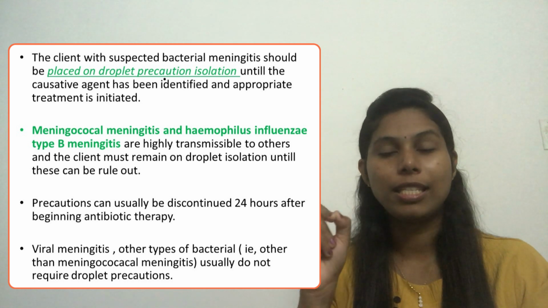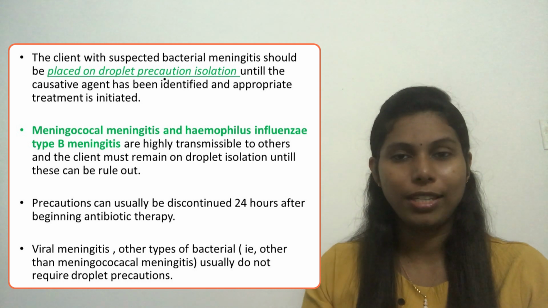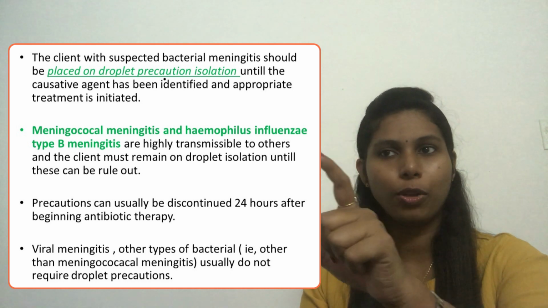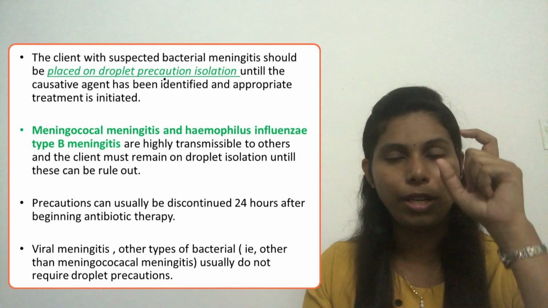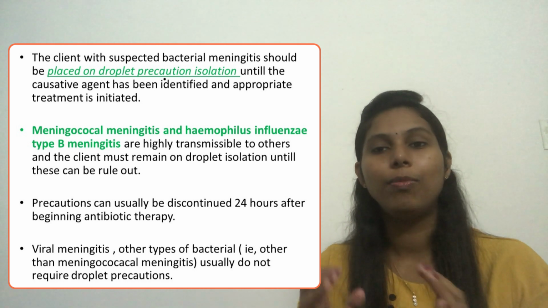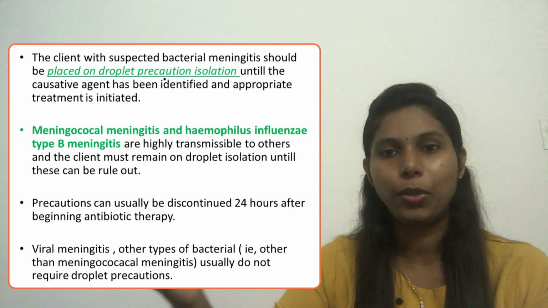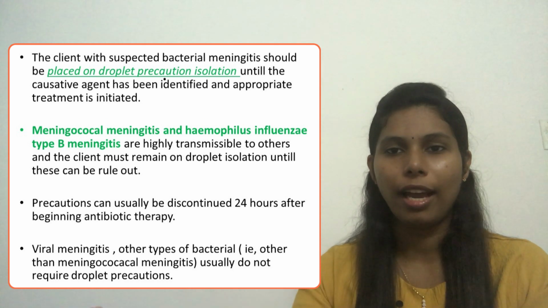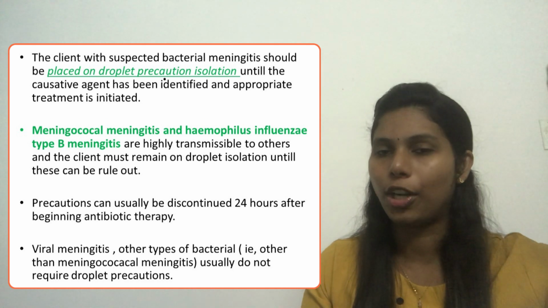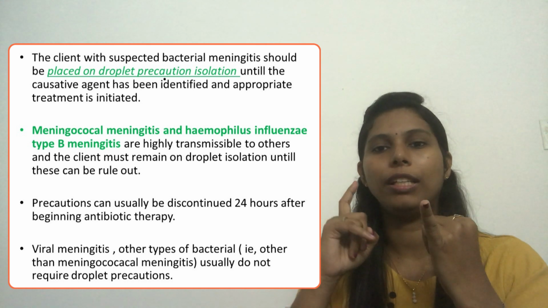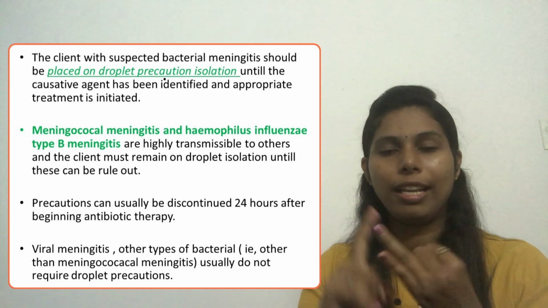Why will we first do the droplet isolation? Because these two types of meningitis, the meningococcal meningitis and Haemophilus influenzae type B meningitis, are contagious and will be transmitted to others. So to prevent that, the first thing we take is the droplet precaution. Then we will start with the assessment, whether Brudzinski's or Kernig's sign.